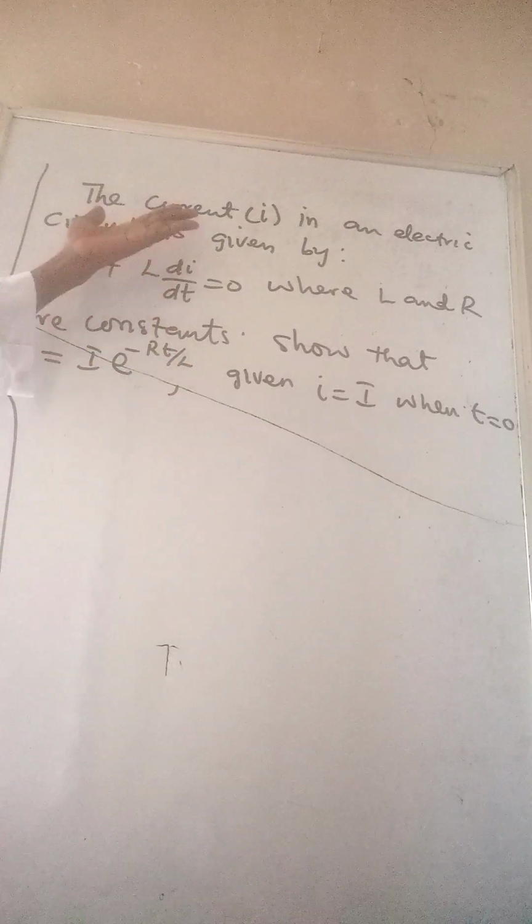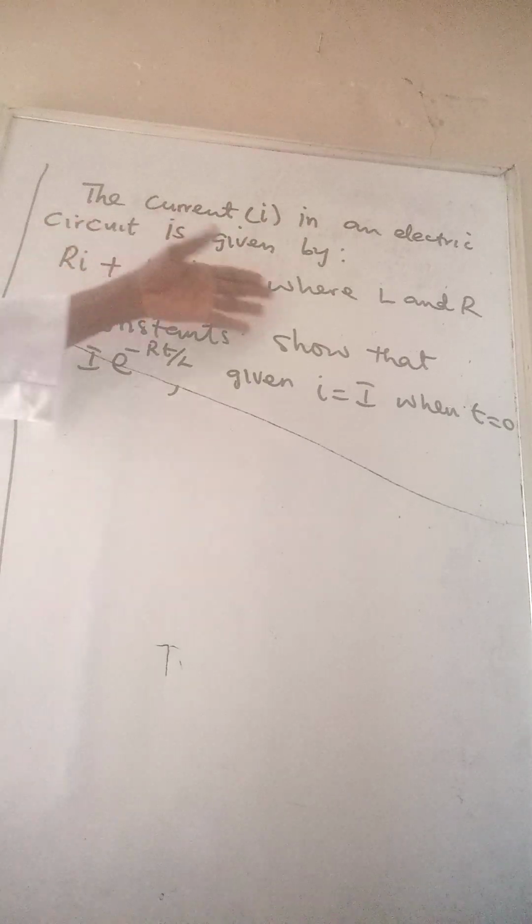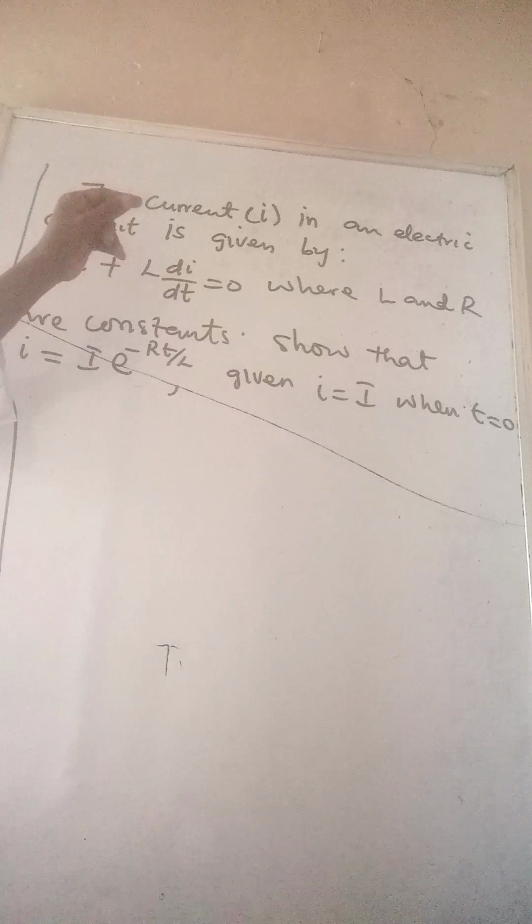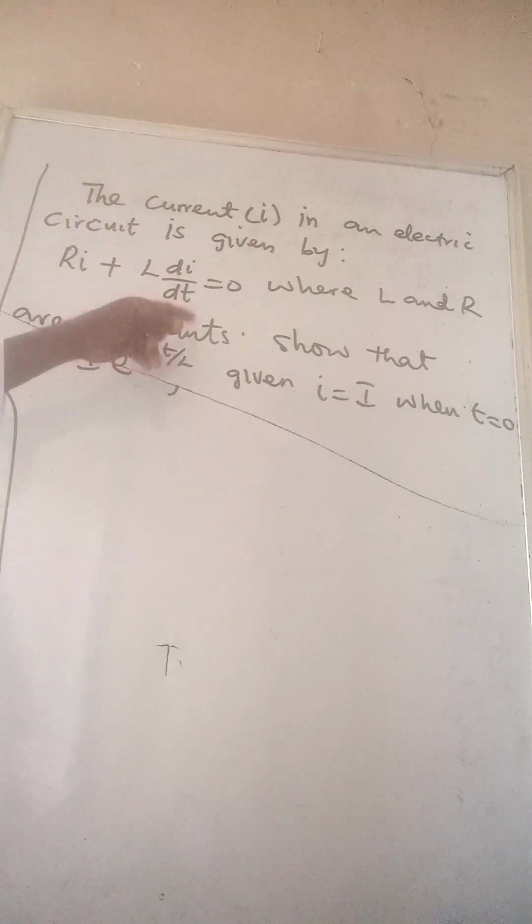Now, the current I in an electric circuit is given by Ri plus L di/dt equals 0, where L and R are constants.